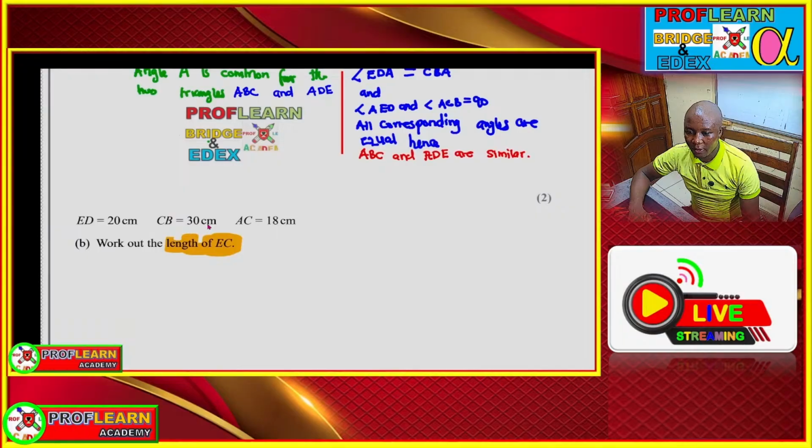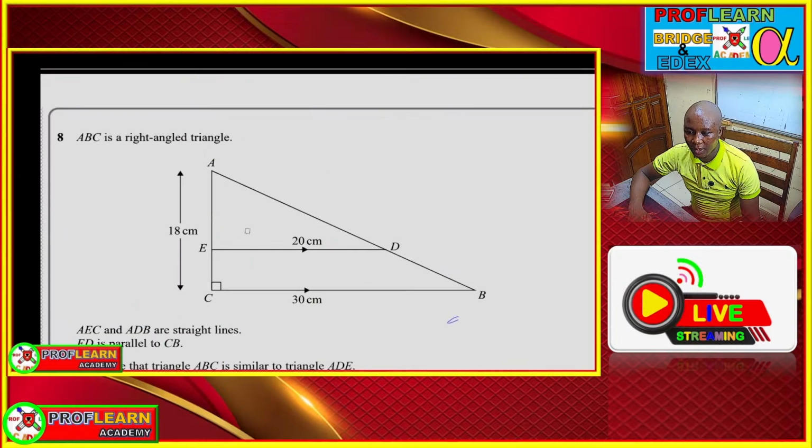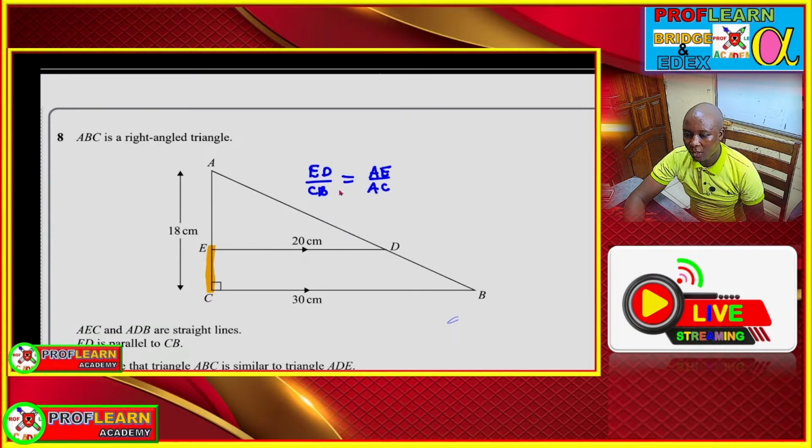Now we are going to look at how to find the length EC. In that case, we are going to look at similar sides. So we can say ED over CB is equal to AE over AC. Let AE be X so that we can substitute.